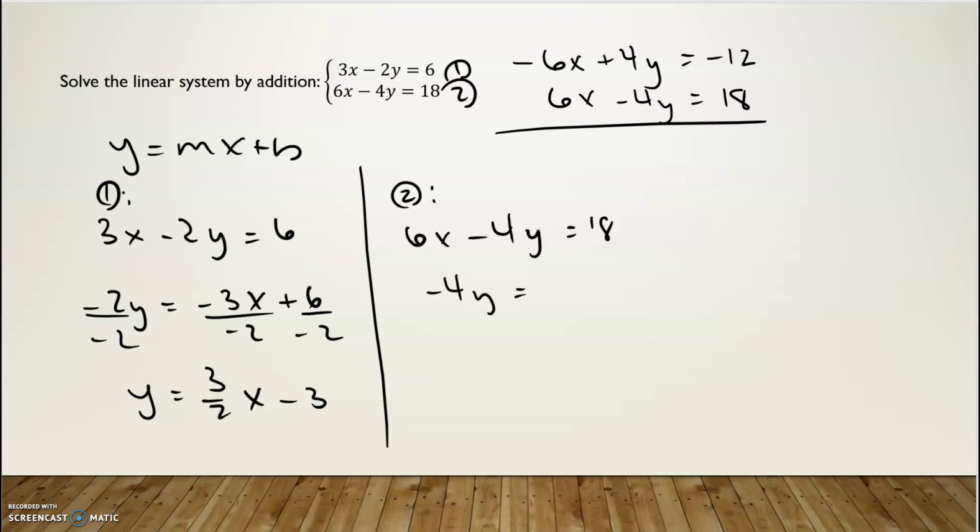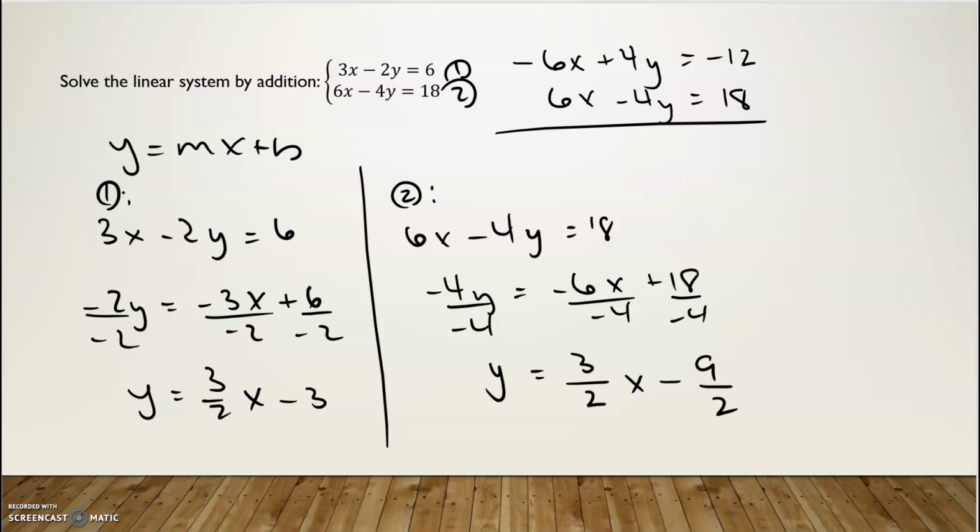I'm going to move that 6x over, and then divide everything by a negative 4. So negatives go away, and I'm going to take a 2 out of the 6 and a 2 out of the 4, and then minus 18 over 4. I'll take a 2 out of the 18, gives me 9, a 2 out of the 4 gives me 2.